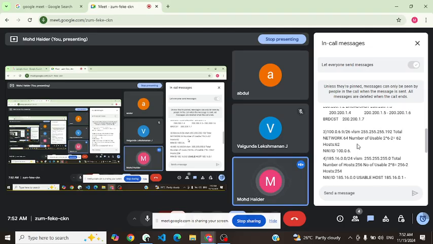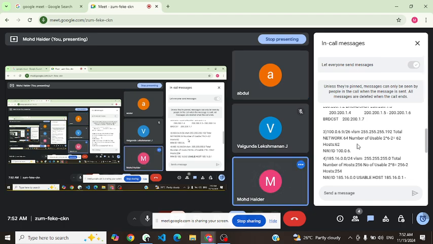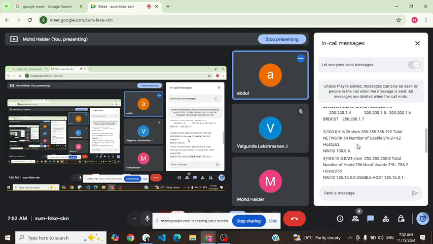Are you solving on Notepad? Yeah. Okay, solve it. See, third and fourth. So the subnet mask and everything is correct, right?